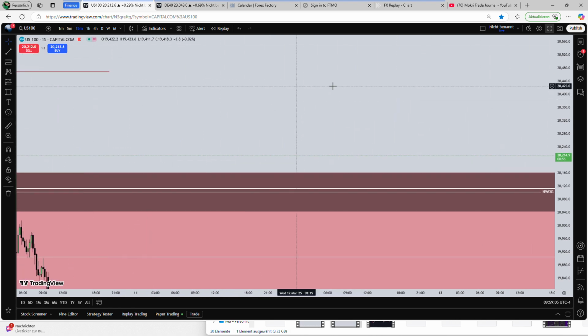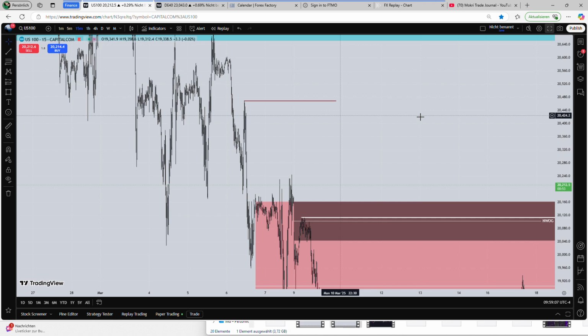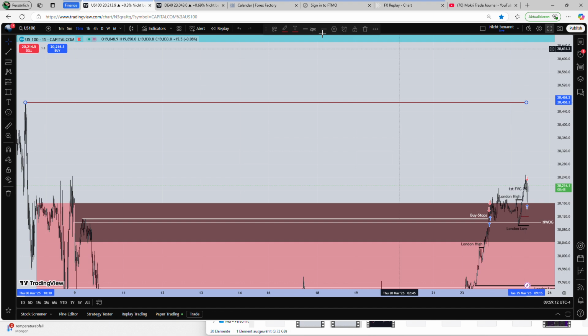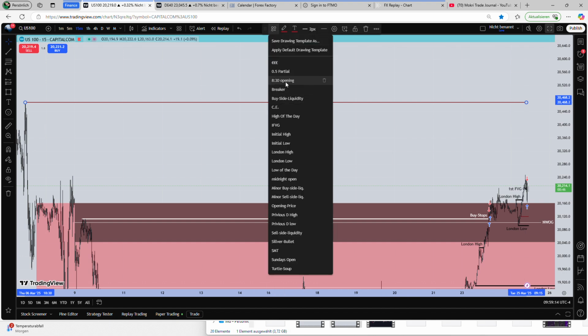This is going to be the buy side that I would be aiming for. Of course, this is the major buy side liquidity. This is not the minor buy side liquidity. It's the actual buy side liquidity that I would be aiming for.